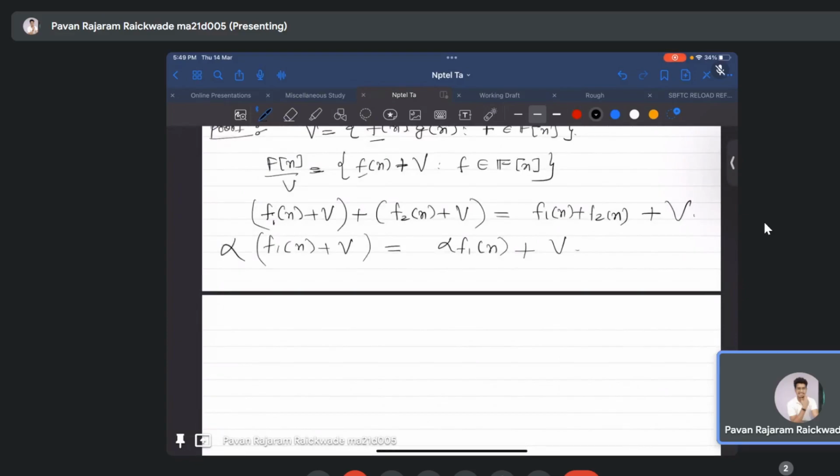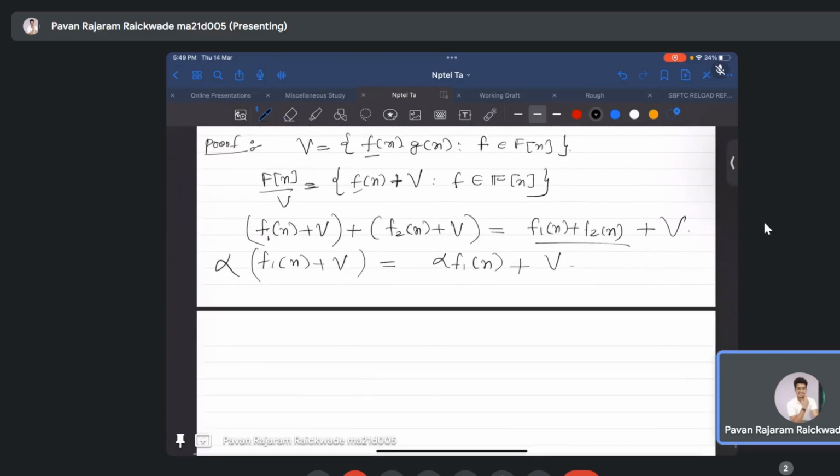First of all, with this addition, because the polynomials F[x] are abelian with respect to addition, clearly F[x] quotient V is an abelian group with respect to addition.